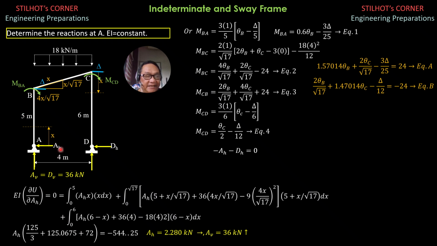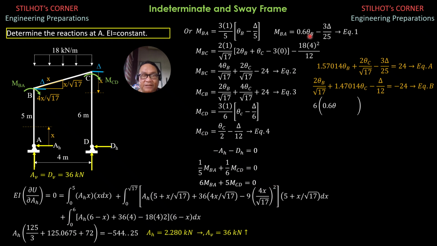So that means AH is equal to negative 1/5 of MBA, or negative AH is positive 1/5 of MBA, and negative DH is positive 1/6 of MCD. So 1/5 of MBA plus 1/6 of MCD equals 0. Substitute the values of MBA and MCD into this equation. So simplifying, multiply everything by 30, the LCD: 6 MBA plus 5 MCD equals 0.